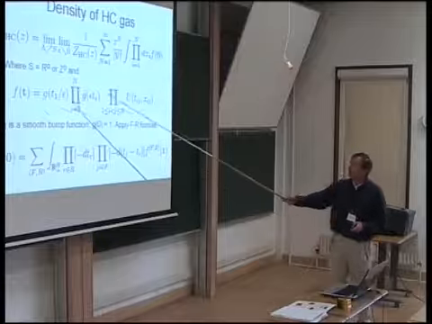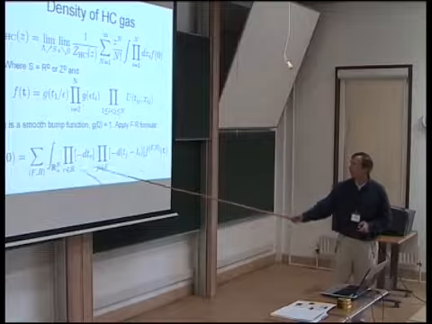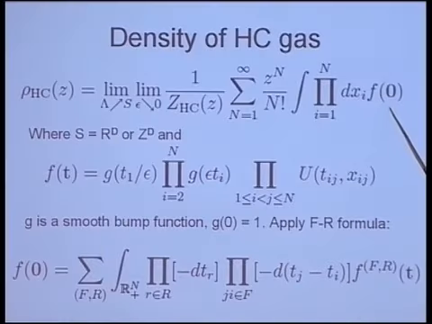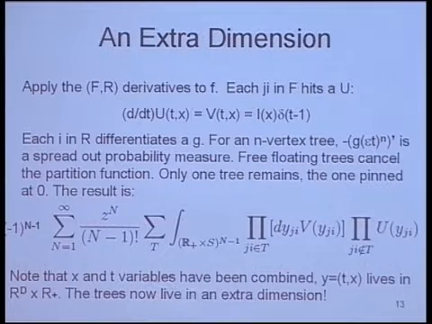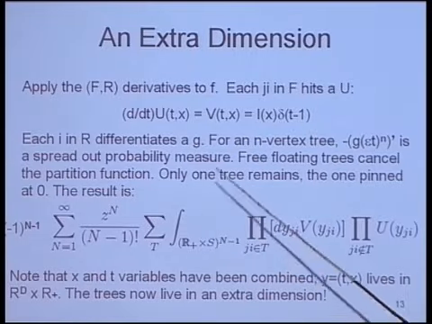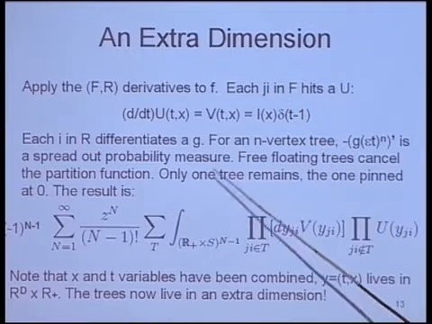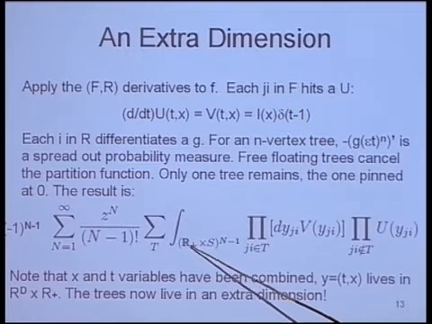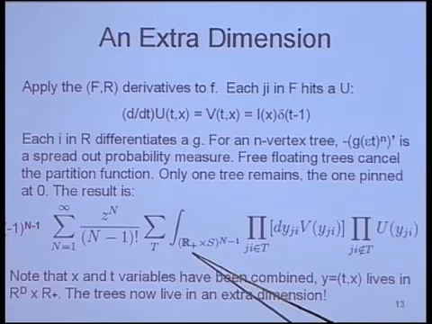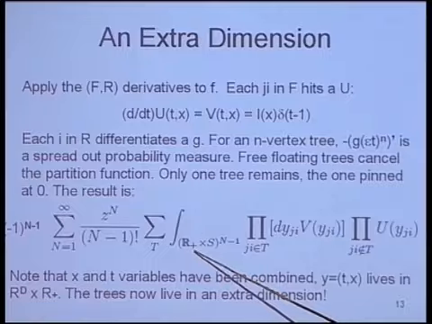All right, so here's our function that I'm going to interpolate with the forest root formula. So it's really the integrand inside this integral over all these n positions of the particles in d dimensions. Okay, so what happens? We get an extra dimension, if you will. So instead of integrating over Rd, it's R plus times Rd.